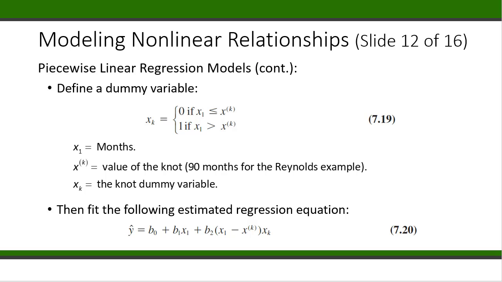All right, so once you've decided on the location of the knot, you use a dummy variable that's equal to 0 for any observation for which the value of the months employed is less than or equal to the value of the knot, and equal to 1 for any observation for which the value of months employed is greater than the value of the knot.